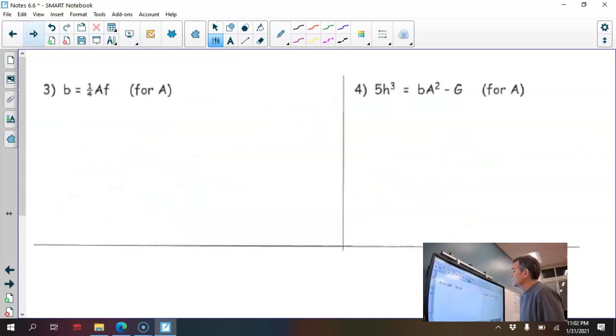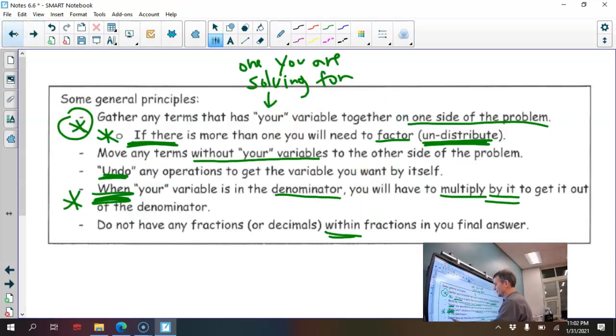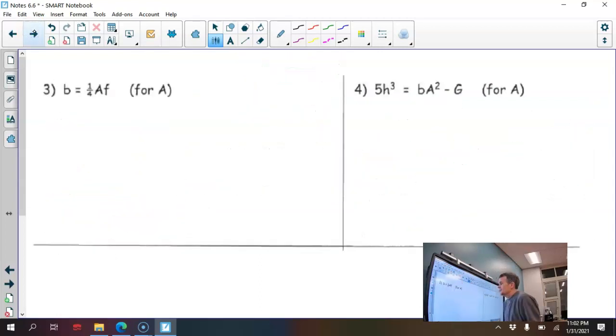All right, example 3. Now, example 3 is going to point out this right here. Do not have any fractions or decimals. So look, I am solving for A, and my A has been multiplied by 1/4.